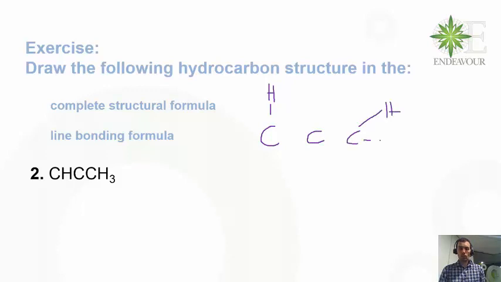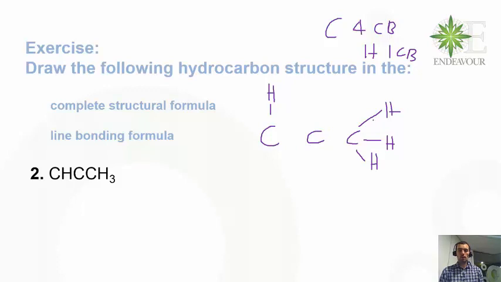Now that we've got those individual pieces, let's make sure each atom involved has its right number of bonds. Remember, carbon forms 4 covalent bonds and hydrogen forms 1 covalent bond. So let's focus on the carbons first.